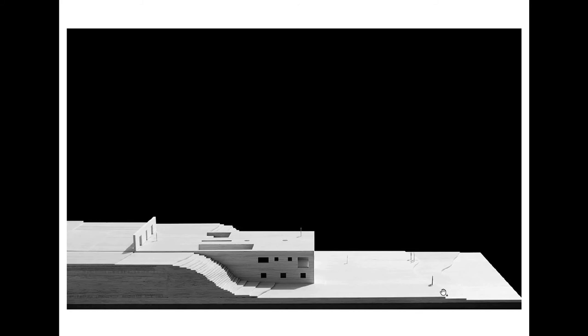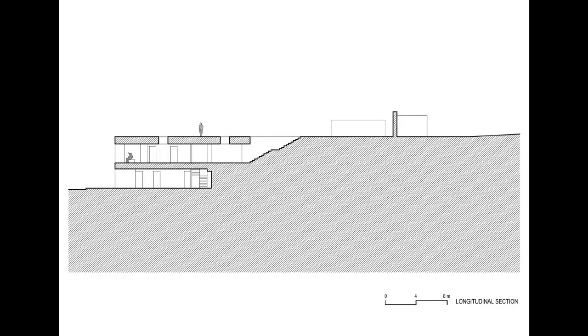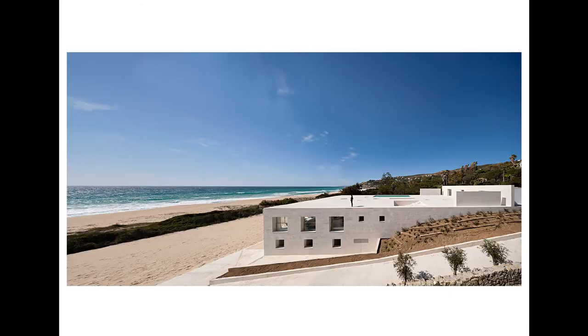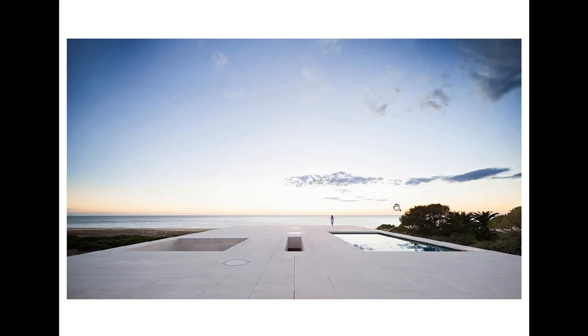No color, just made of wood, a black and white photo, and how harsh and how strong. I can feel the power of the concept. So simple: just contain the platform, make an edge, and try to hide the unnecessary functions, or the necessary but not nice service functions, under the ground, and face the ocean. So this was the first one, Campo Baeza, a section we saw before, and the horizontal plane.